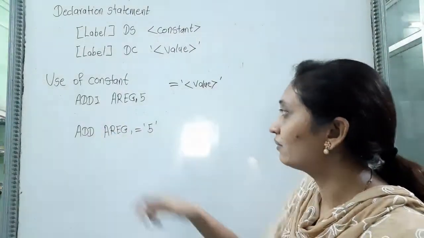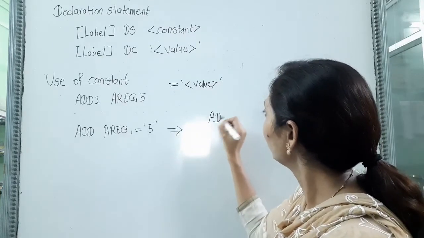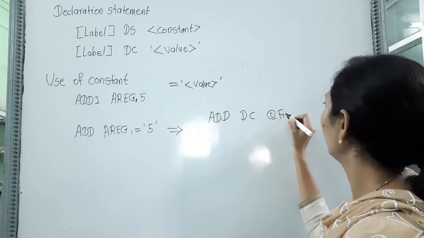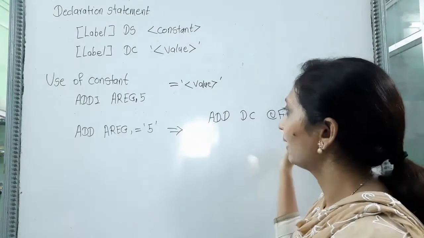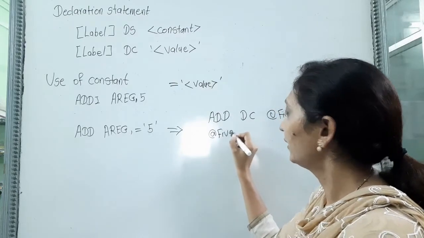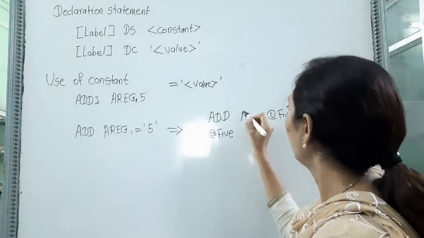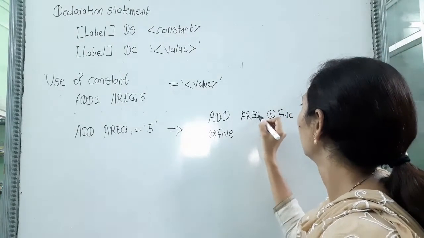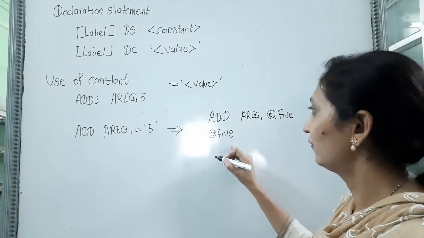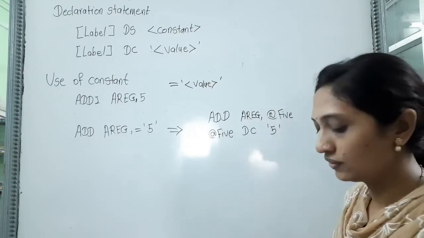Now this statement is the same as ADD ARG comma @5, and @5 DC 5.